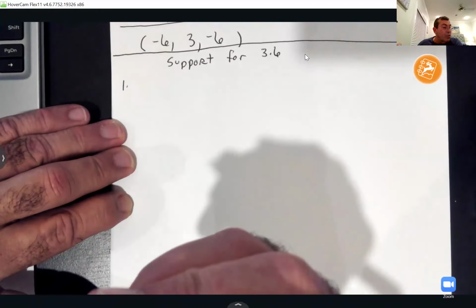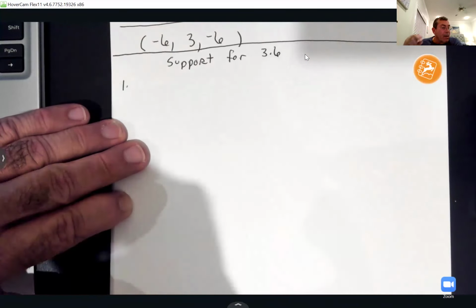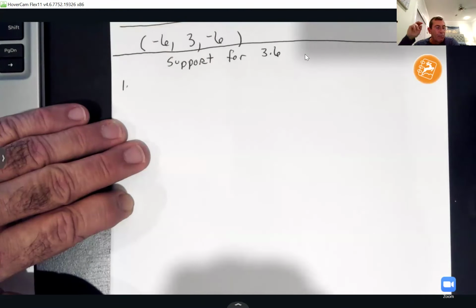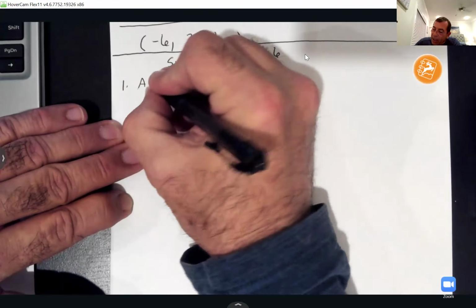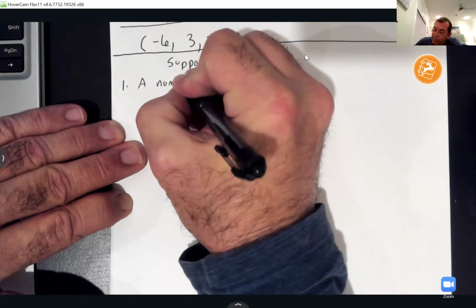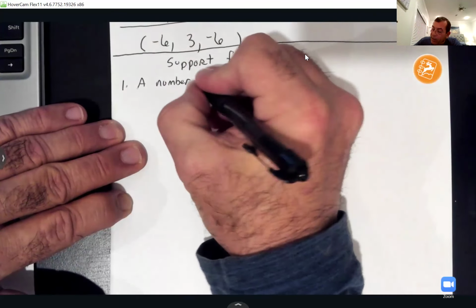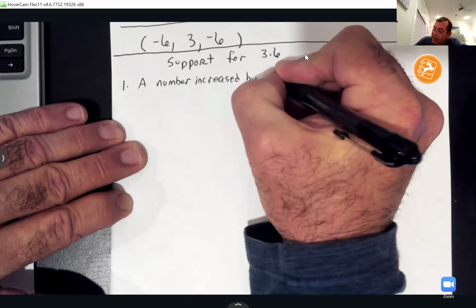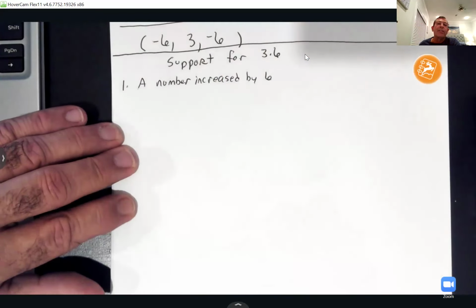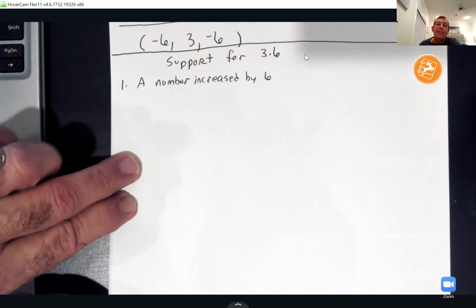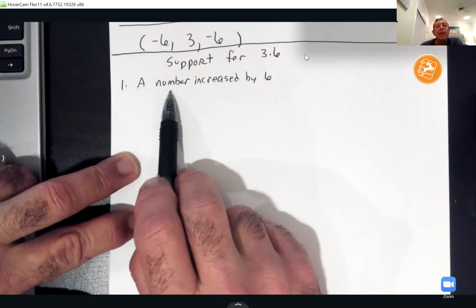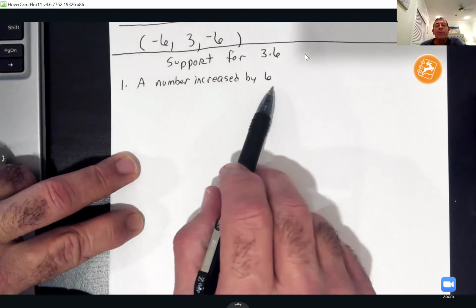So like this first one says, write as a mathematical expression, and they're giving us a number increased by 6. And they always say the variable is going to be X on these unless they give you something different.